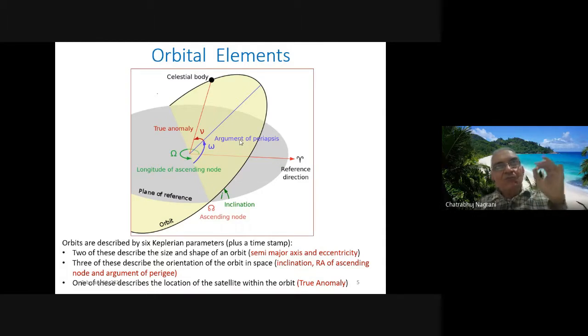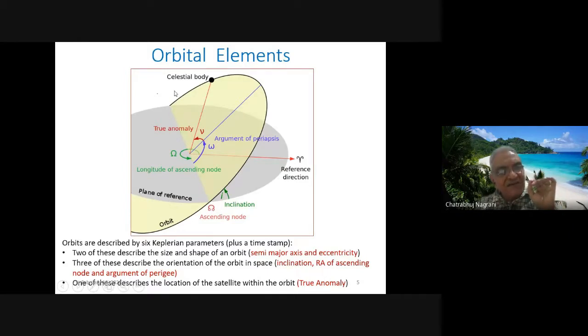Now I want to put that orbit in a plane around the Earth. How do I do that? I again need two parameters. That plane, here you can see the yellow plane, is inclined at an inclination of i, and that inclination is with respect to the equatorial plane. So I need i, and I need where these two planes will intersect.